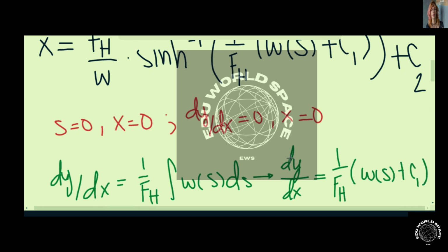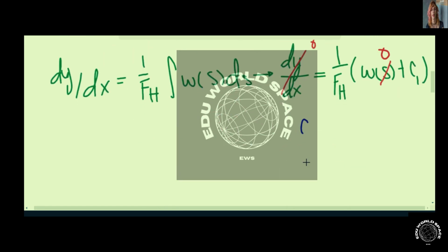And when you plug in 0 for dy over dx, and you plug in 0 for s, c1 equals 0.